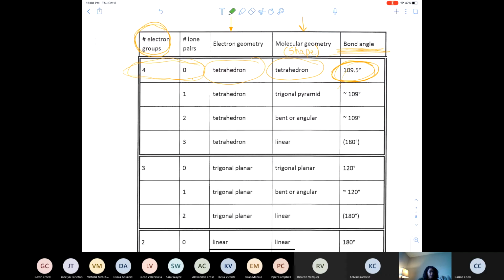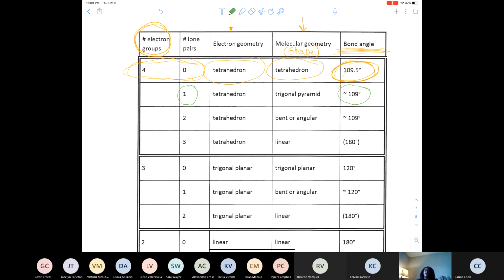Okay, so we got 4 total groups, but this time one of them is a lone pair. So the bond angle is going to be a little bit smaller in ammonia than in methane. The bond angle in methane is 109.5 degrees. But for ammonia, it's going to be 109 degrees.